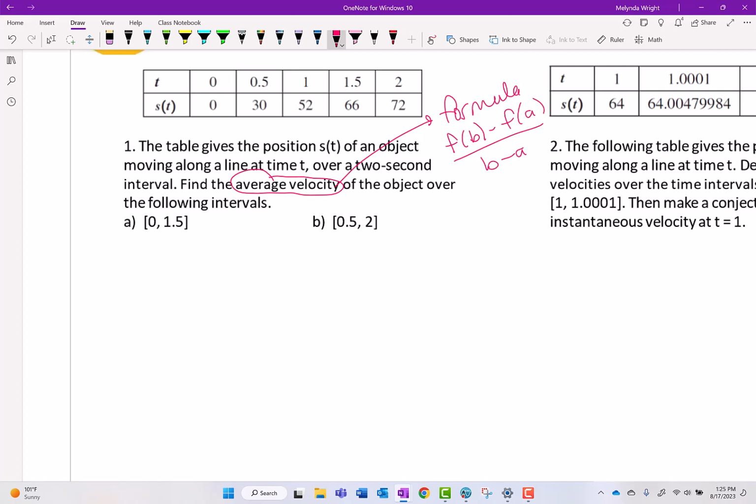All right. So this particular problem, they want us to find the average velocity, which is this formula right here, which is average rate of change of the object, and they want us to do it twice. So they use S. It would be S of 1.5 minus S of 0 over 1.5 minus 0.